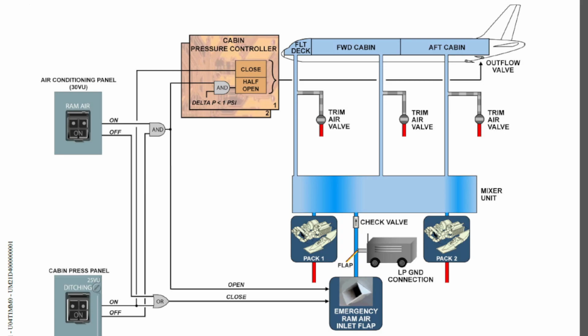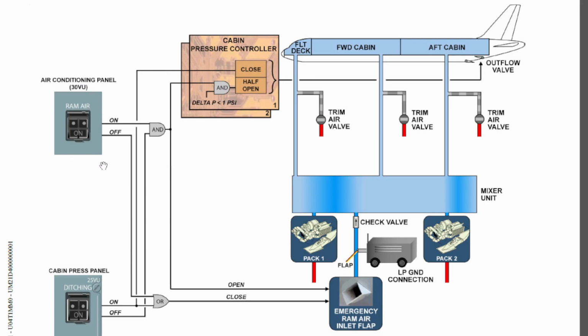So when you press the emergency ram air inlet push button, and if the ditching push button is selected off, the signal will go to the emergency ram air inlet flap to open.